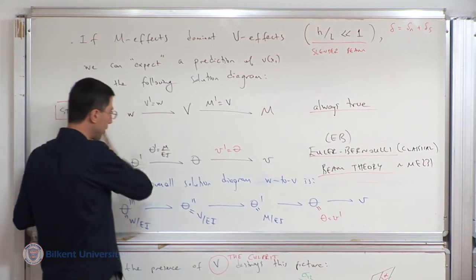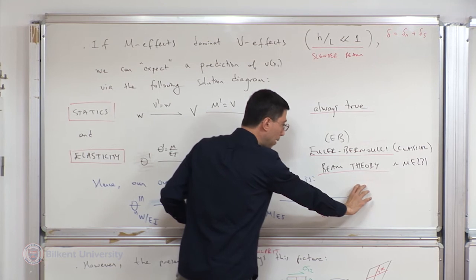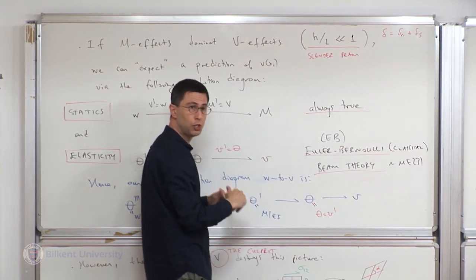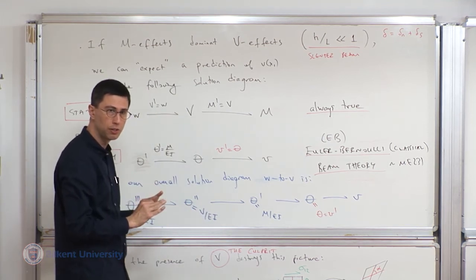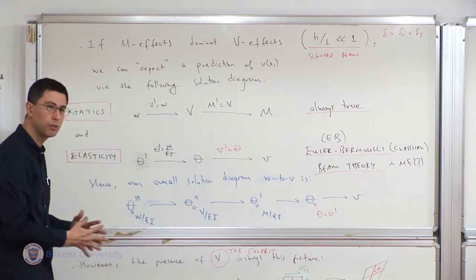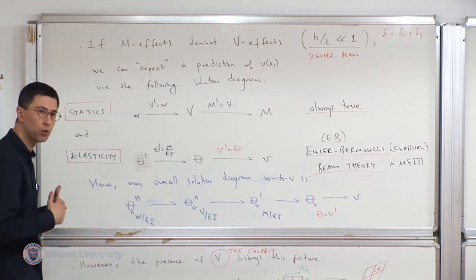As soon as I invoke that, I can follow this blue route. But I'm going to drop the assumption that plane sections, which are initially perpendicular to each other, remain perpendicular to each other. I know that in the presence of shear stresses, that is certainly going to be a realistic expectation, and therefore I'm going to allow it.